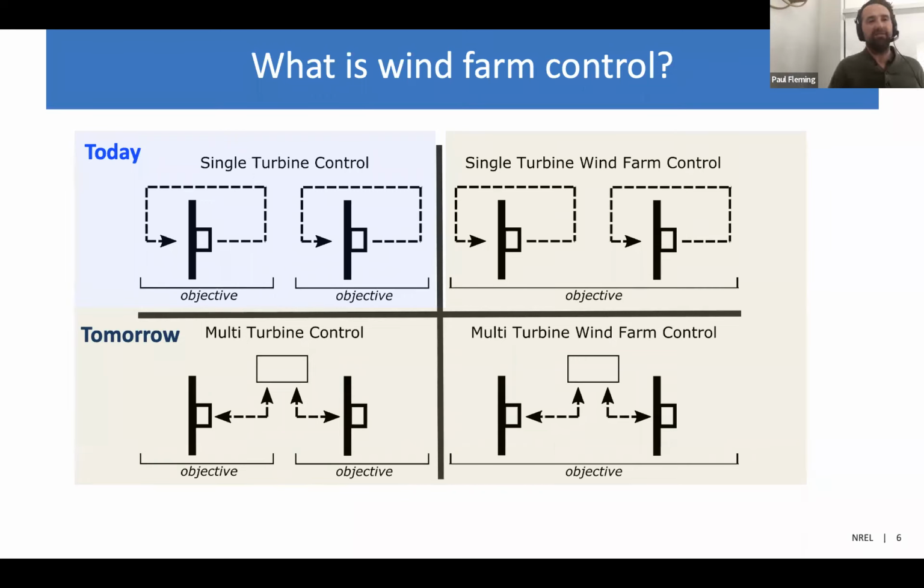On the bottom left, you could keep the turbine-level objectives, but say that turbines have information that other turbines might find useful in reaching their own objectives. That's another type of wind farm control. And then finally, the bottom right is our vision of the future, where there is both shared information between turbines and global objectives.